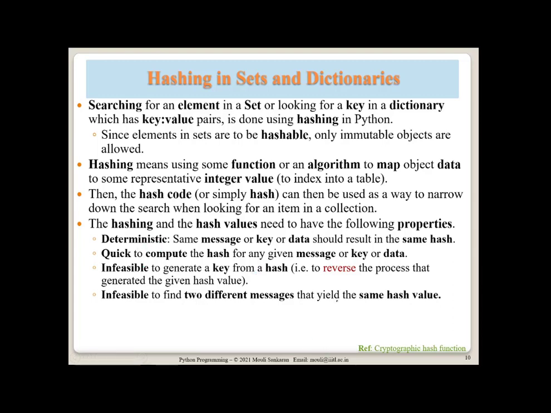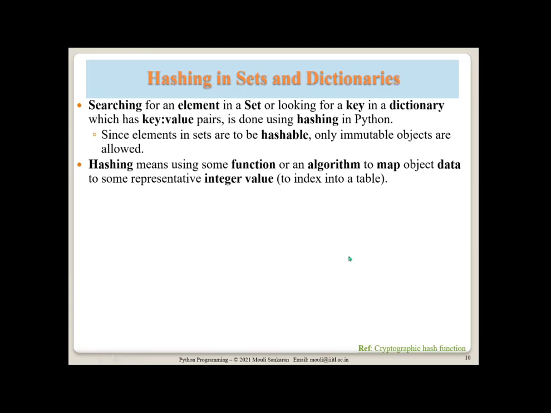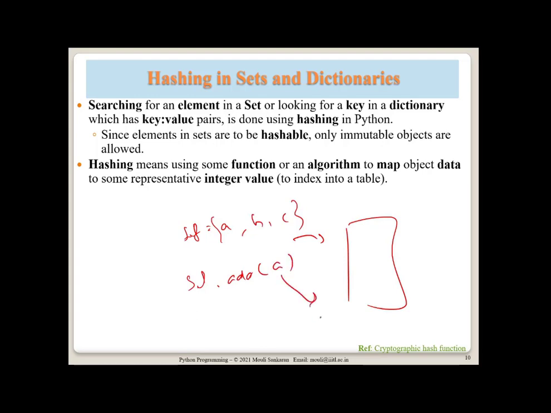You may be wondering, how does the set know whether a particular element is there or not? Say you already have a set with A, B, C, and then you say add A. Now it is going to compute the hash function. A is passed to it, and the resulting index is used here.